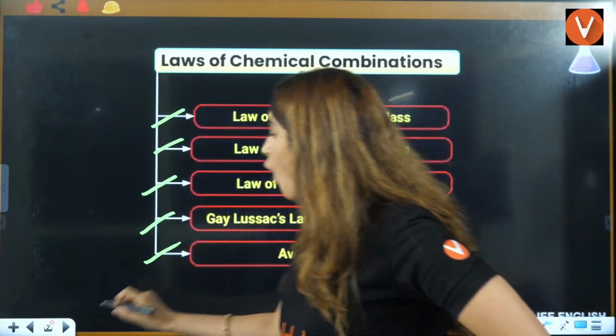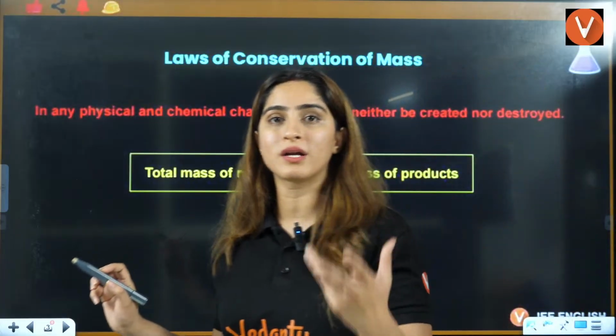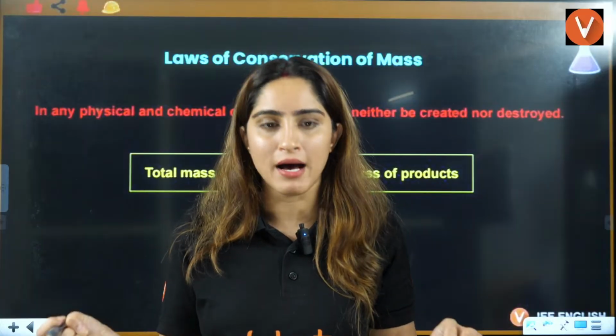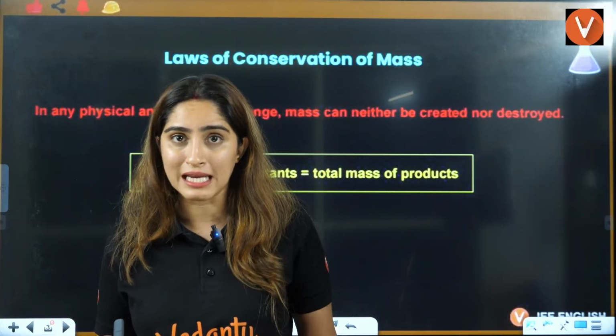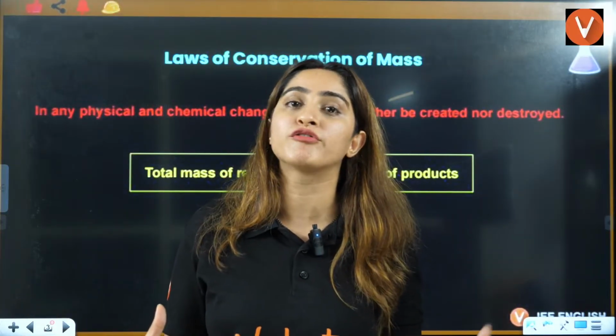First law is the law of conservation of mass. You have studied this even in lower classes, in 9th and 10th. We are saying that whenever a reaction occurs, the mass of the reactants is equal to the mass of the products.